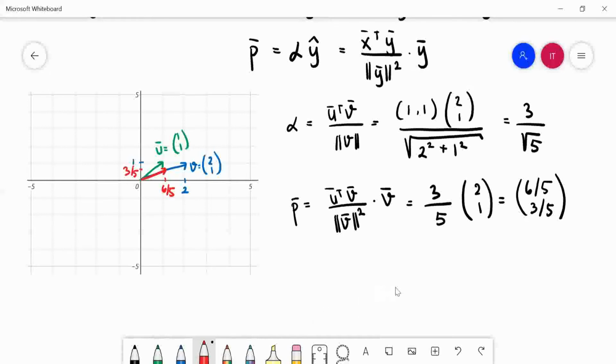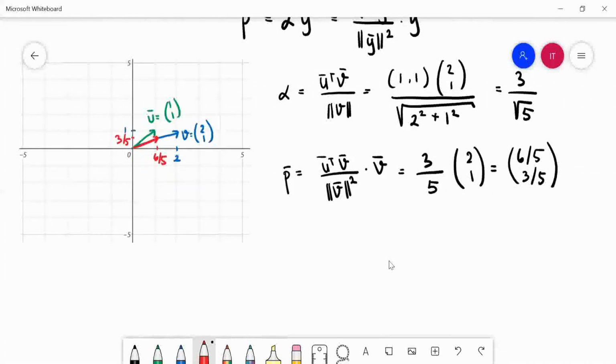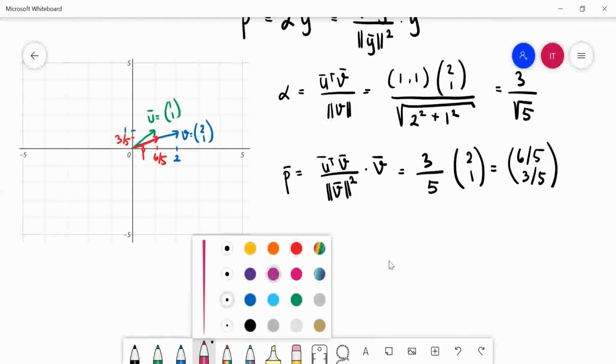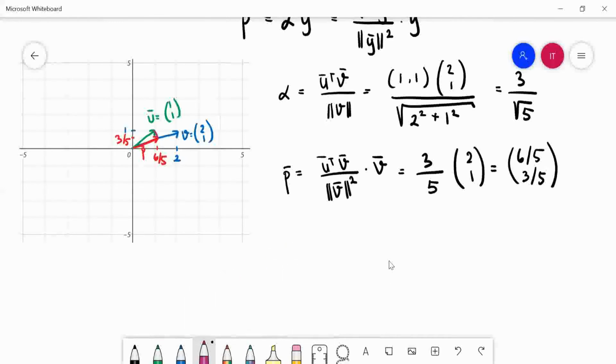Often we also need the distance between u and P here. So if I draw here, this is the distance between u and P, which brings us to the distance of the line here.